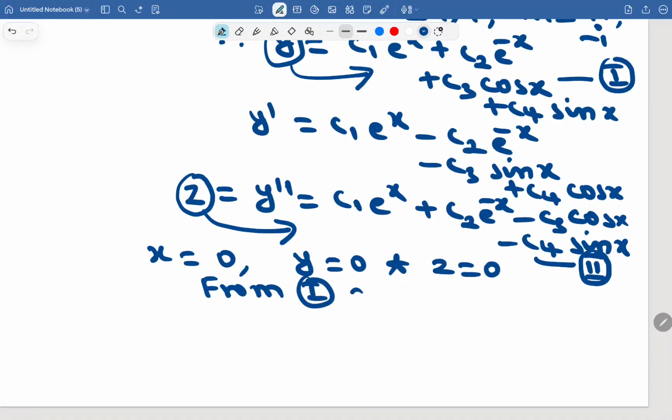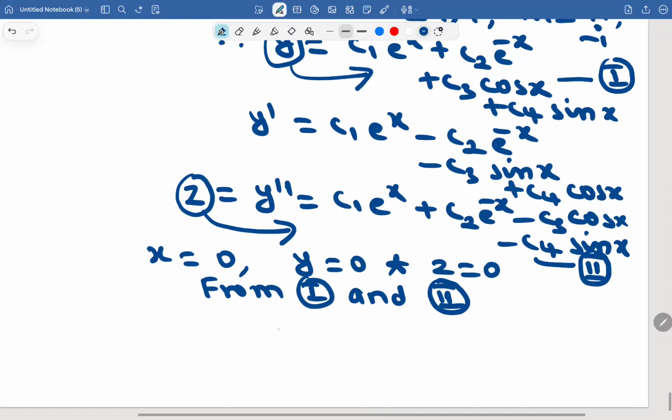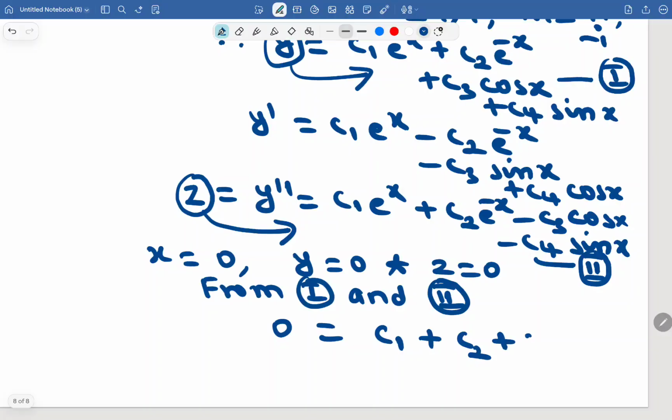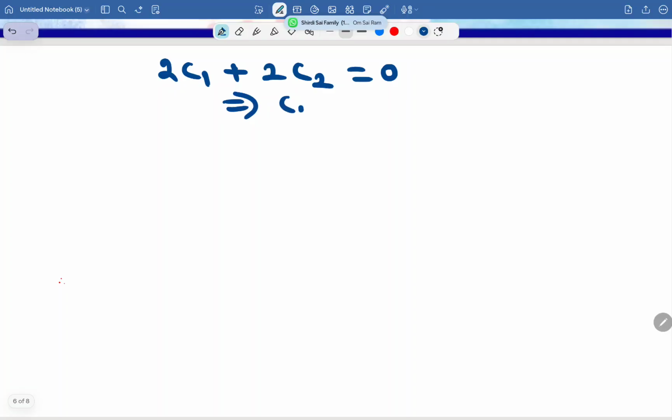From 1 and 2, 0 equal to C1 plus C2 plus C3, and 0 equal to C1 plus C2 minus C3. Solving, we get 2C1 plus 2C2 equal to 0, so C1 plus C2 equal to 0.